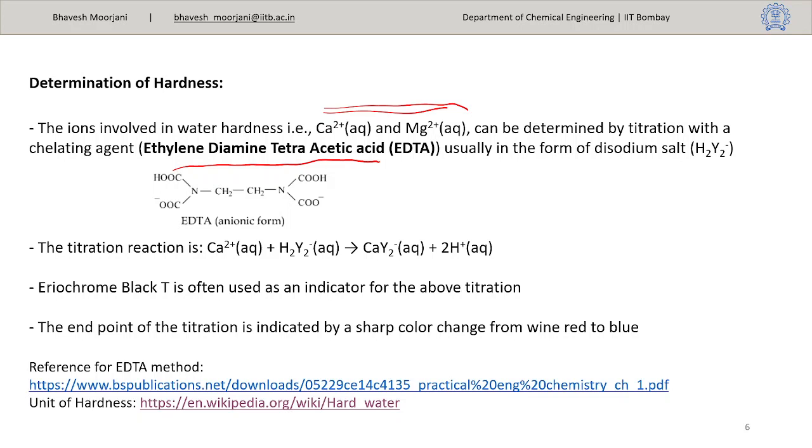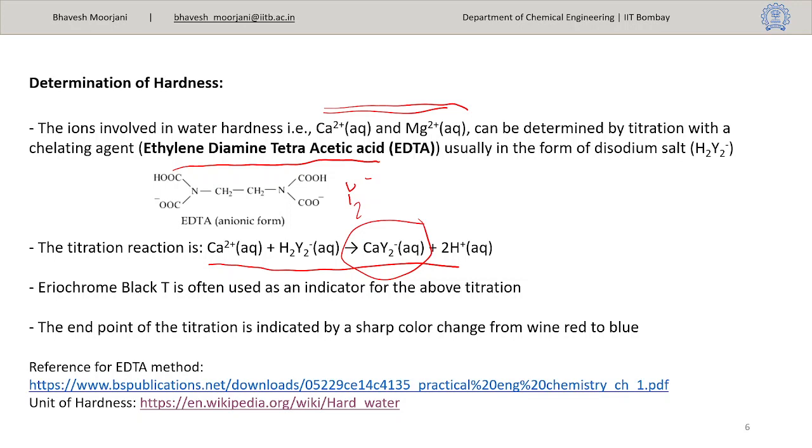So this will become your Y2 minus. And then your titration reaction will be the following. So Ca+2 or Mg+2 will react with this chelating agent and form a calcium compound with the chelating agent, and you will get 2H+. Okay, so this is the basic titration reaction.